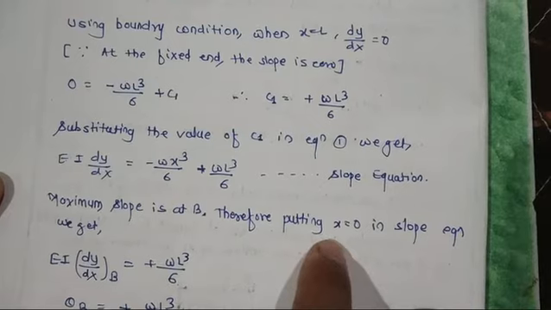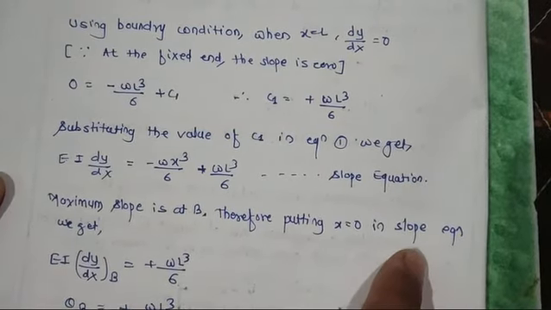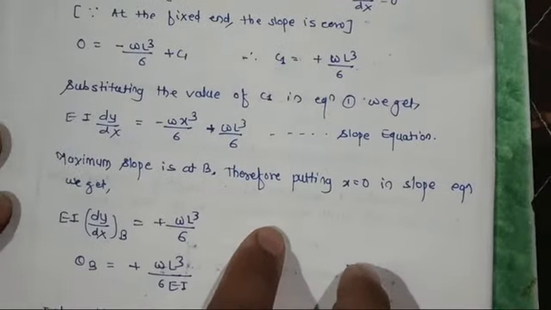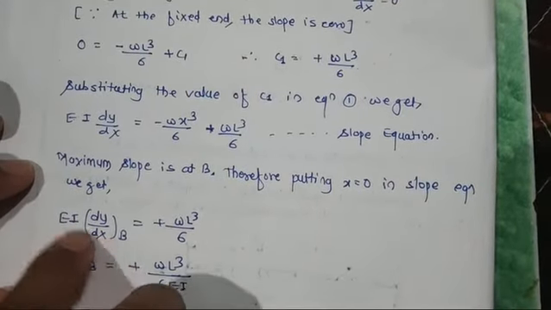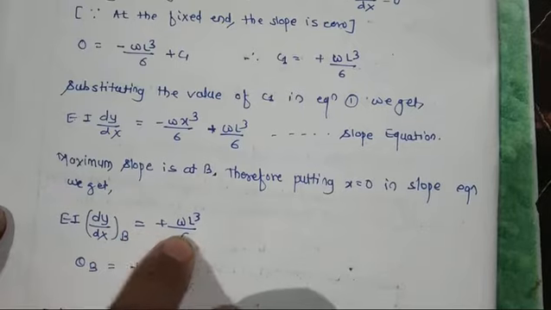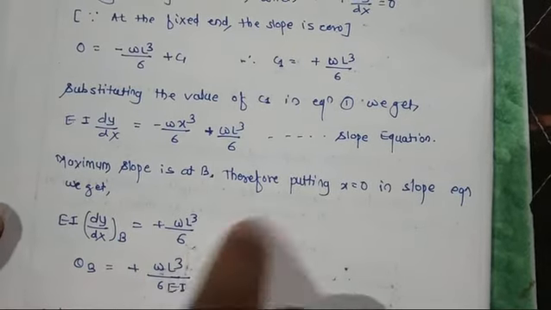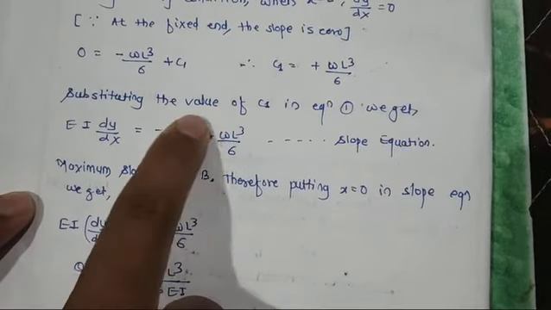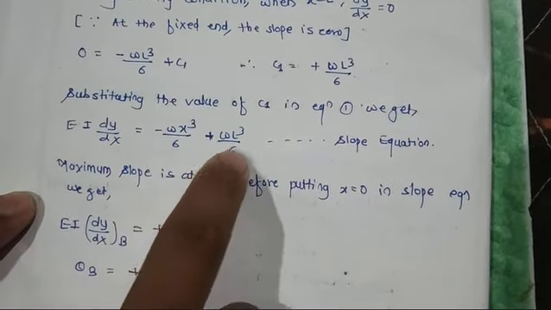Now the maximum slope is at B, that is, at the free end. Therefore, putting x is equal to 0 in the slope equation, we get EI dy by dx at point B is equal to W L cubed divided by 6, because x is equal to 0 makes the other term 0. What remains is only W into L cubed divided by 6.